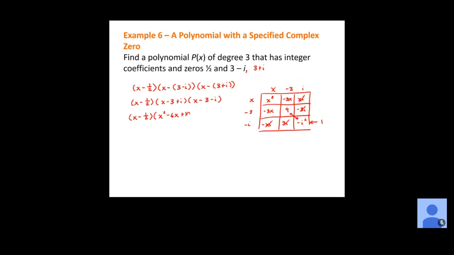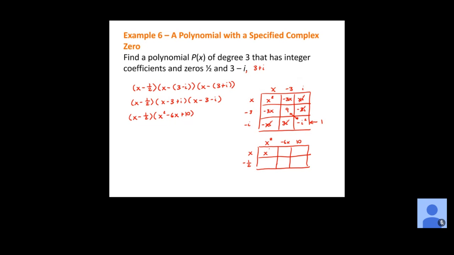That's going to give us a positive 10. Now we've gotten rid of all the imaginaries. Now we can just distribute these other 2, right? So again, I'm going to do my box. That's going to give us x squared, negative 6x, and positive 10. And then down the side here, we're going to just have x and negative 1/2.